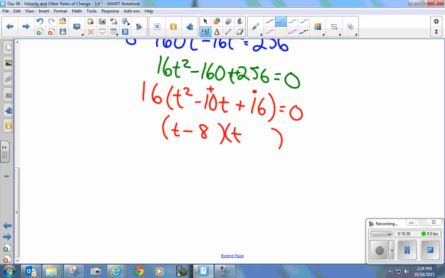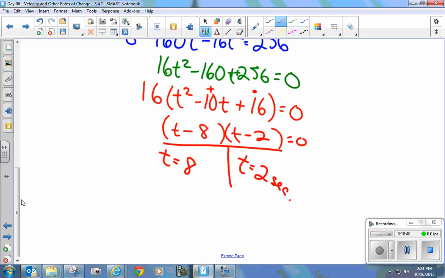Negative 8 and negative 2. And when I set each factor equal to 0, what are my two times? A time of 8 seconds and a time of 2 seconds.